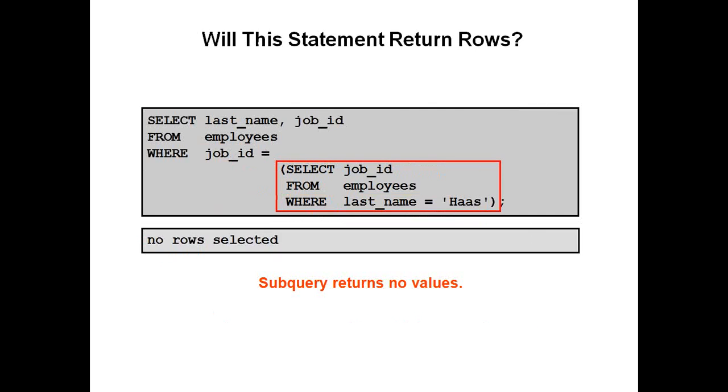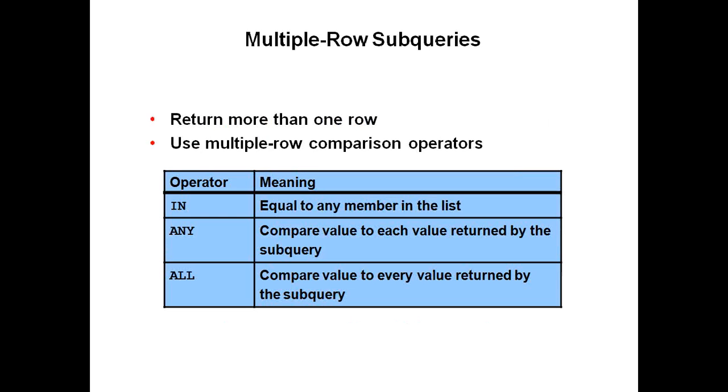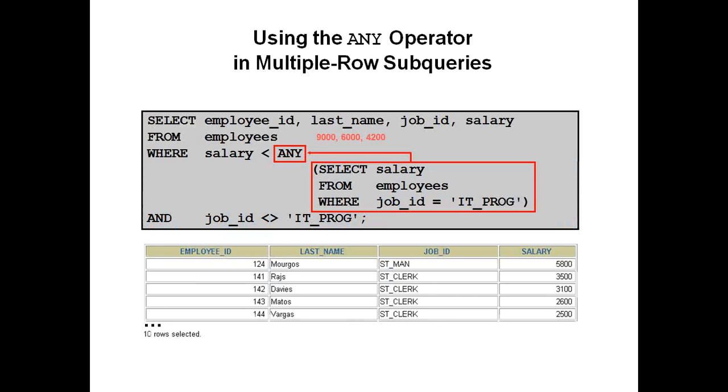Now the main problem over here is, suppose we have a subquery like this where it is resulting in three values, 9000, 6000 and 4200. In these kinds of situations, we cannot use the equals to symbol or greater than or equals to or less than or equals to.